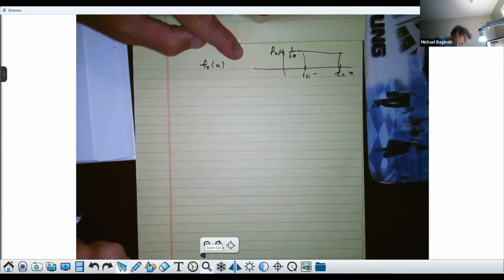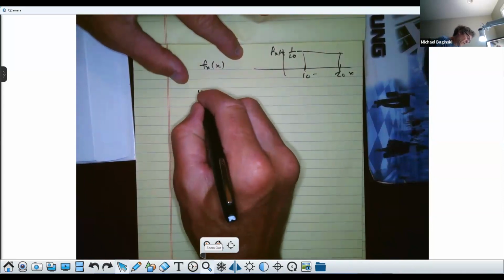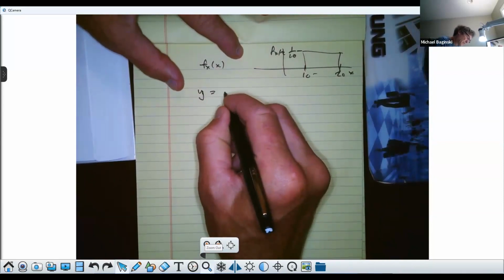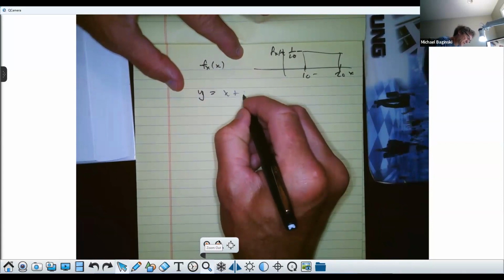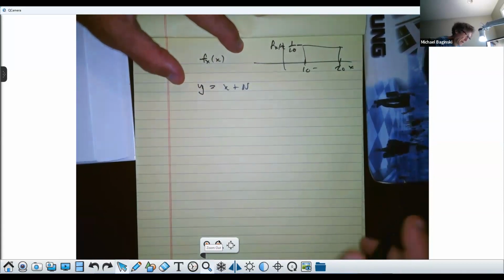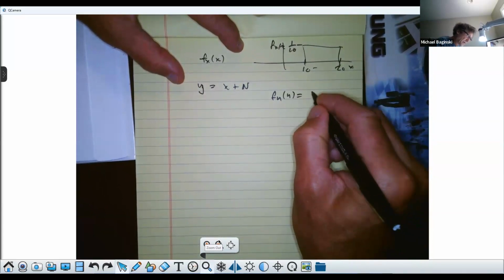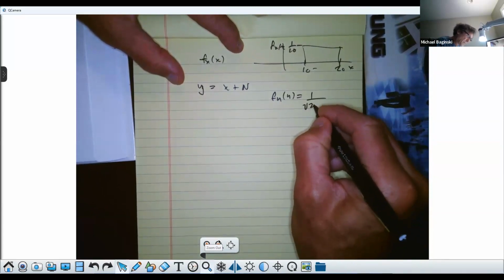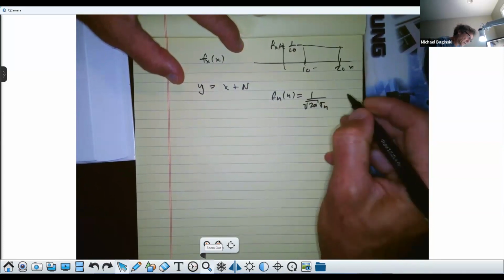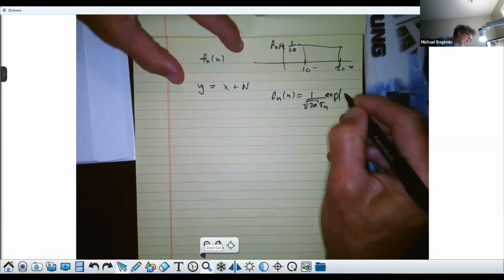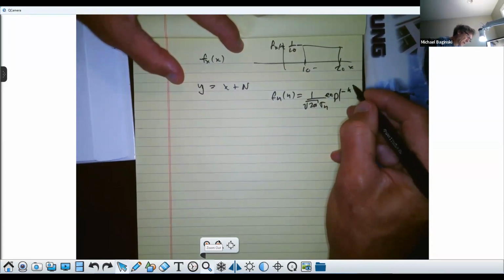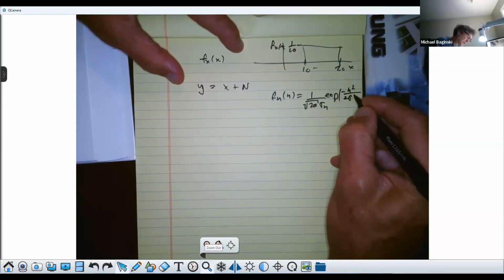This is x, and it's a voltage, and it is observed in the presence of Gaussian noise. So now y here is going to be really x plus the noise. Y'all with me on this? And the noise, f of n, has the value 1 over the square root of 2 pi sigma, exp, it's got a 0 mean, minus n squared over 2 sigma squared.